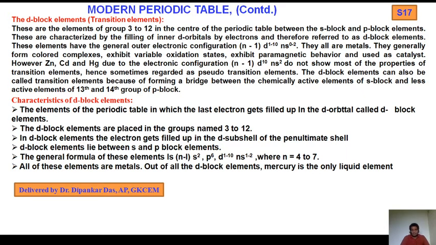Group 1 and group 2 are s block, and group 3 to group 12 are transition elements. In these transition elements there is also an inner transition element, which is known as f block element, and group 13 to group 18 is known as p block element. Okay, so the elements of group 3 to 12 are in the center of the periodic table between the s block and p block elements.